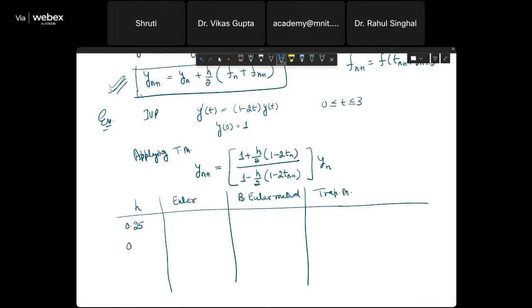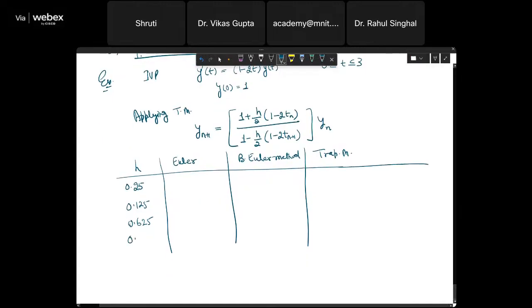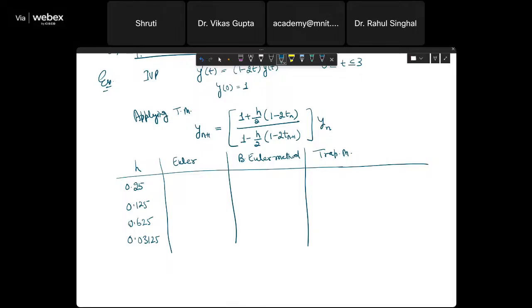Okay, so I took these step sizes as 0.25, then 0.125, 0.0625, and then half of it, which is 0.03125, and this list can keep on going. So in the Euler case, we obtain this much error as L infinity error.